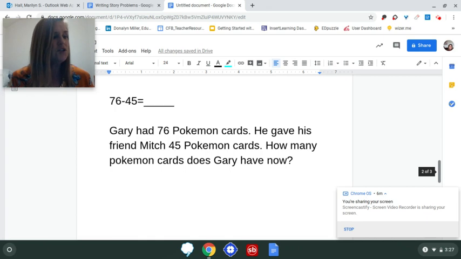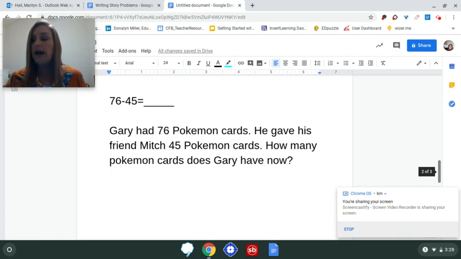And in this situation, I'm going to come up with a problem that says this. Gary has 76 Pokemon cards. He gave his friend Mitch 45 Pokemon cards. How many Pokemon cards does Gary have now? Notice that this problem does satisfy the actual equation.